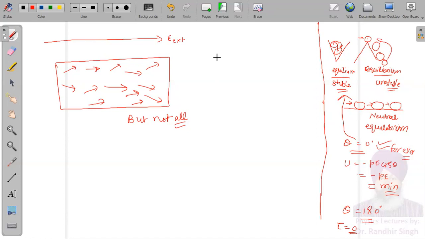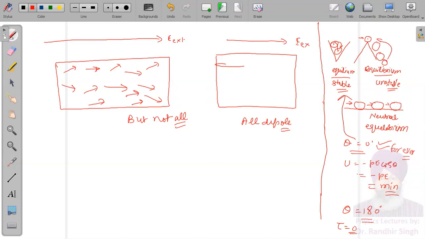In case of non-polar, when we apply an external electric field, all dipoles immediately come in the direction of the electric field, because the molecules were non-polar.